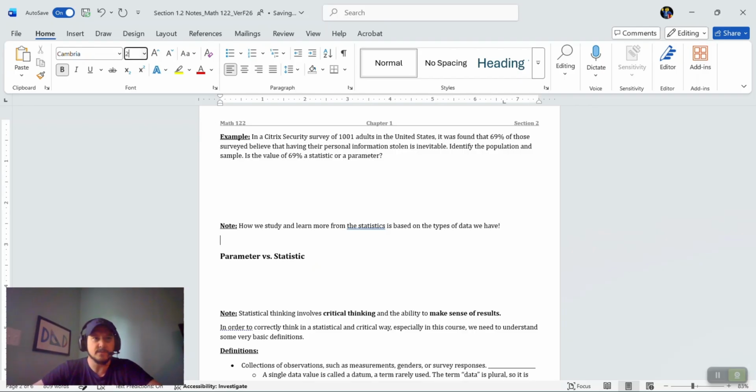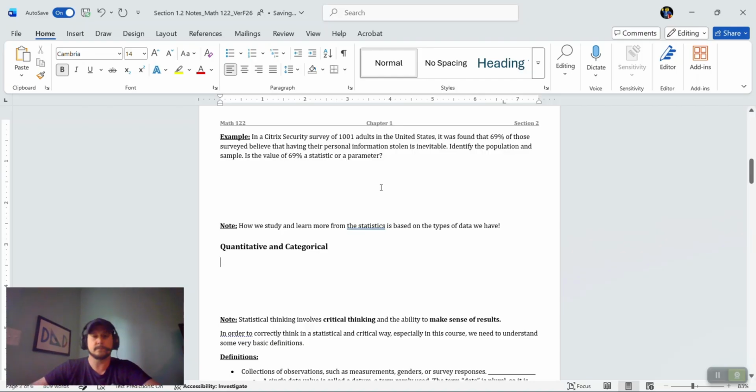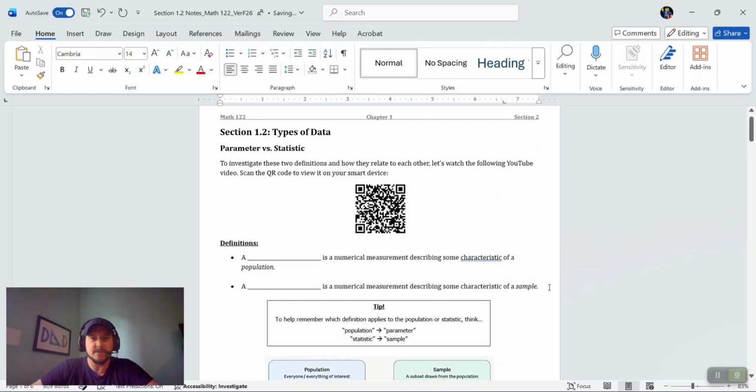Do my size 2 trick. And I'll say quantitative and categorical. I'm going to lead off with a couple of definitions here as well.